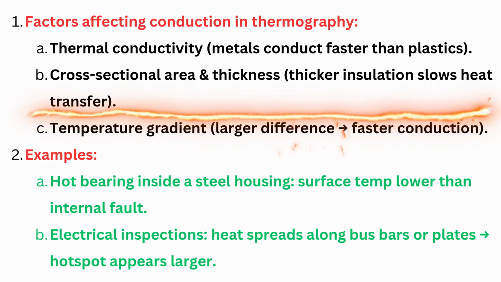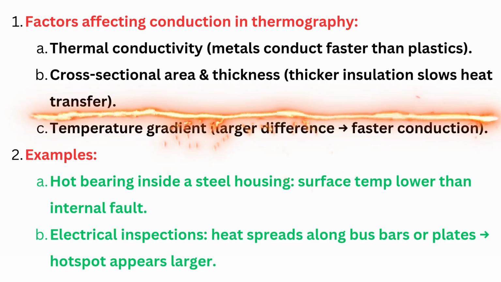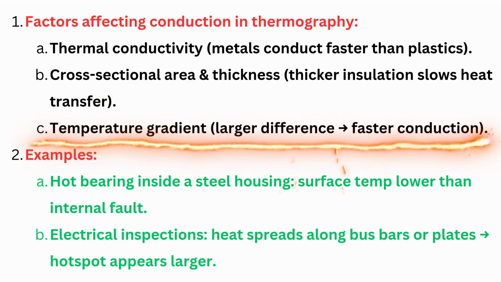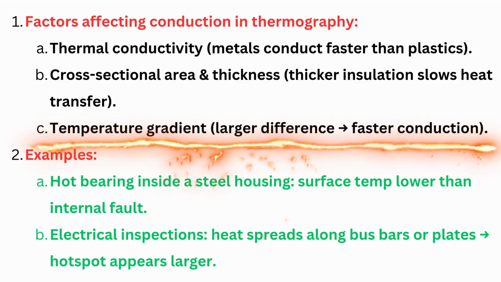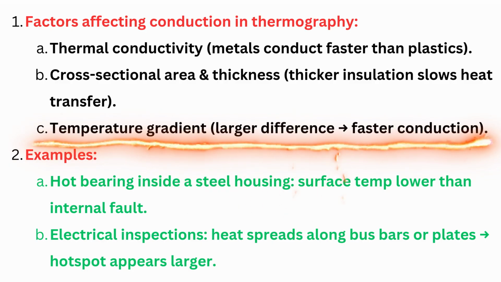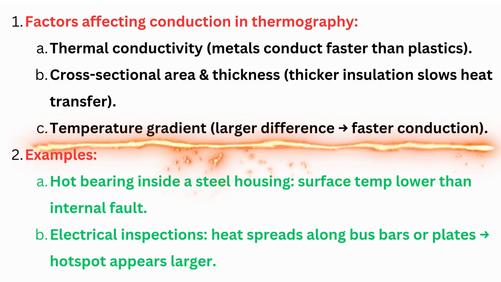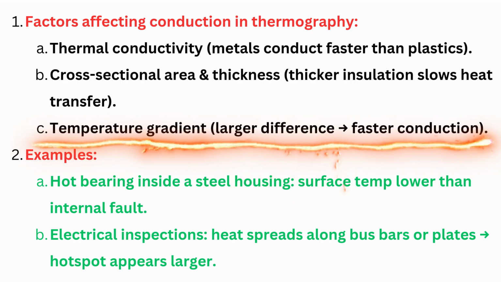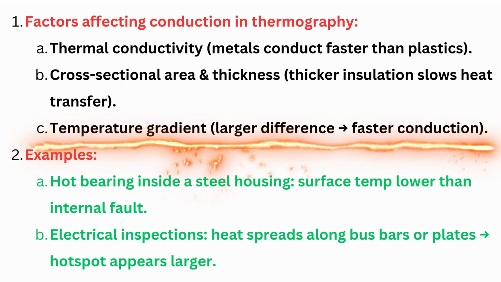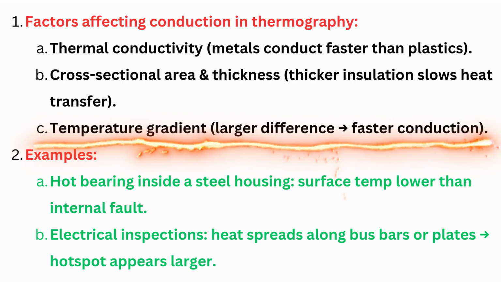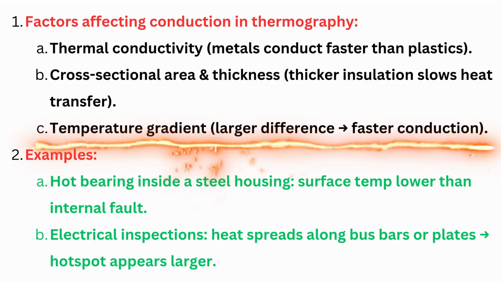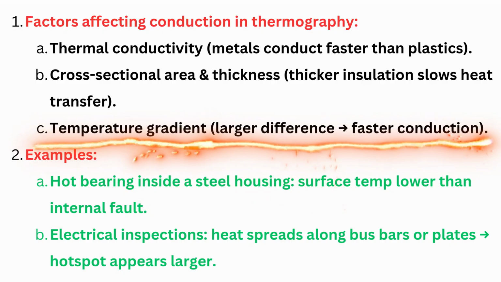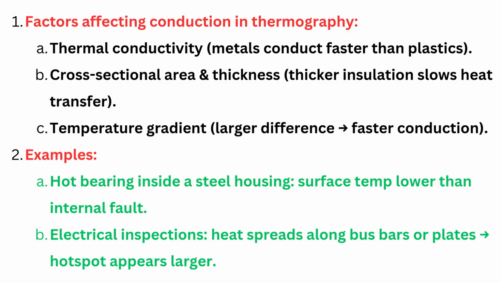So the second one is the cross-section area, and the third one is the temperature gradient. What is the temperature gradient? Temperature gradient is the delta T, the temperature difference. The bigger the temperature difference between two ends of a metal, the faster the heat transfer, or the faster the conduction process will be. So these are the three key factors that affect the conduction process.